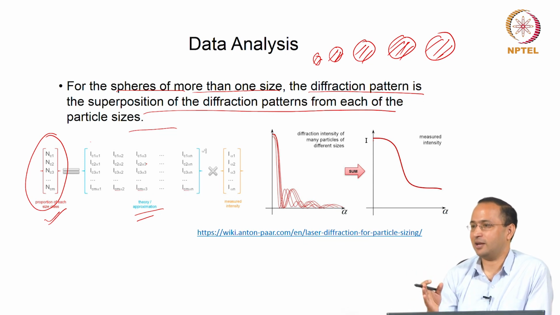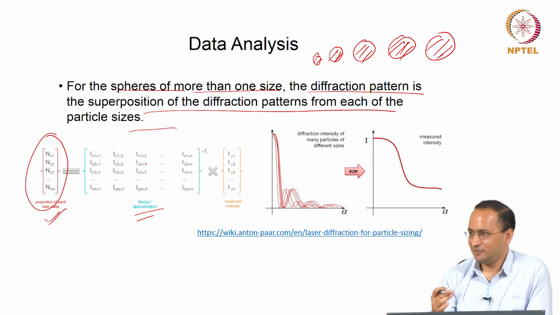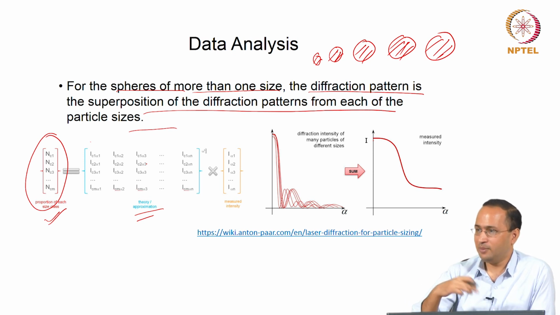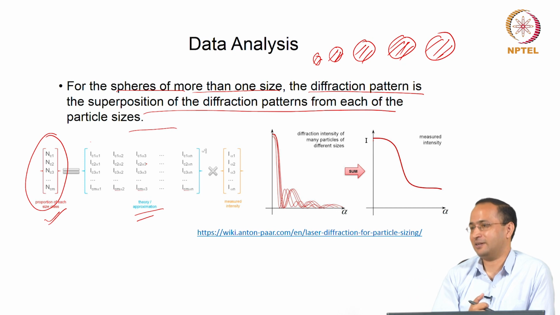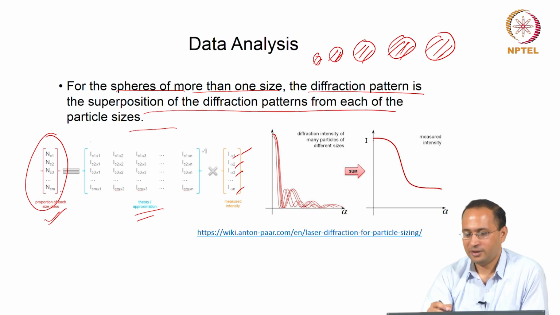You are summing it up and then minimizing the difference between measured and calculated. So, these are the measured intensities for alpha 1, alpha 2, and these are the sizes. That way we can calculate.